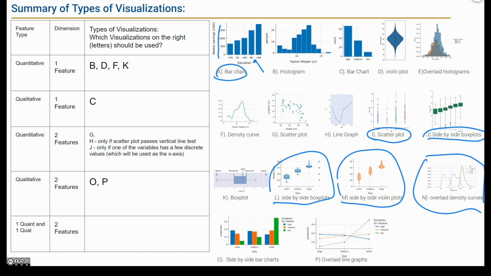So here I just had 3, which worked well. Some other overlaid histograms, again, will work as long as you don't have too many categories in your qualitative variable. And let's see. Yep, those are it. All of those are great options for when we have one quantitative and one qualitative.